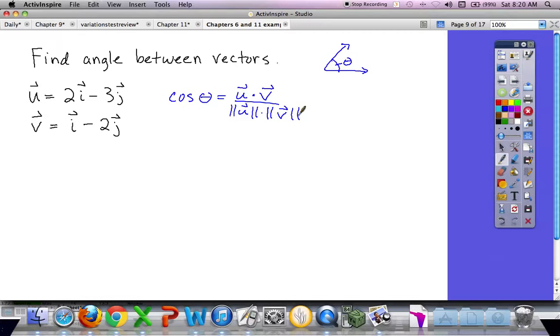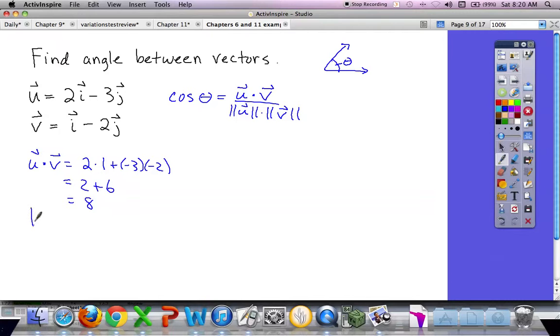So the dot product, in this case, u dot v, equals 2 times 1 plus -3 times -2. Now notice I didn't even change these to component form. I'm just using this linear combination of the standard unit vectors. 2 times 1 plus -3 times -2, which is 2 plus 6, which is 8.